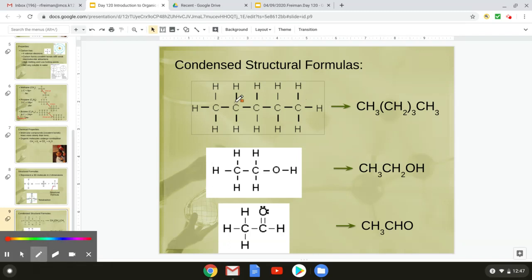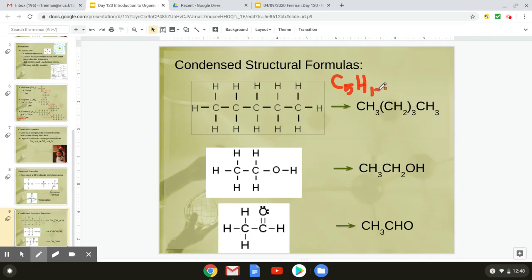So if we were to look at the molecular formula of this first organic compound, we have 1, 2, 3, 4, 5 carbons. So the molecular formula will be C5. And then if we count the hydrogens, we're going to find we have 12 hydrogens. So the molecular formula here, this is called pentane, is C5H12.